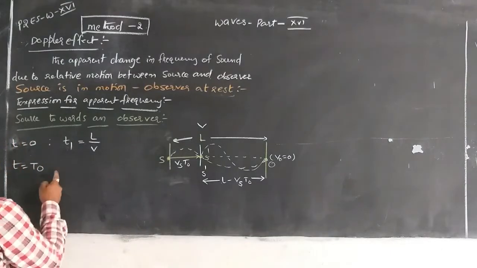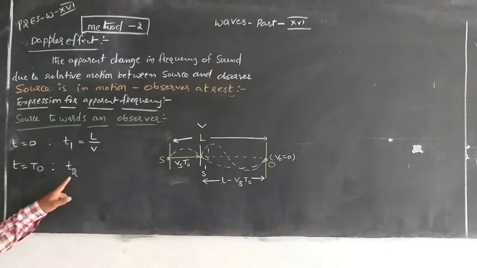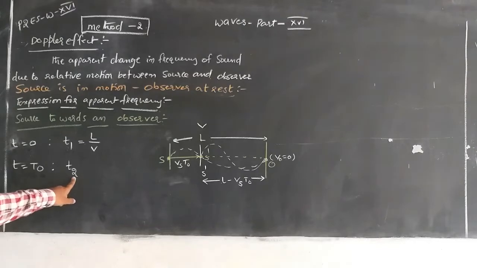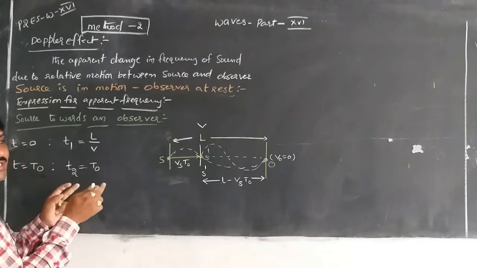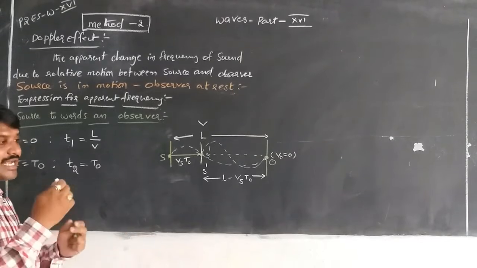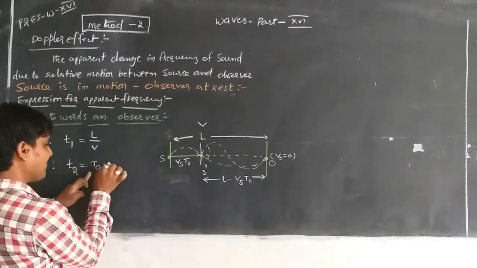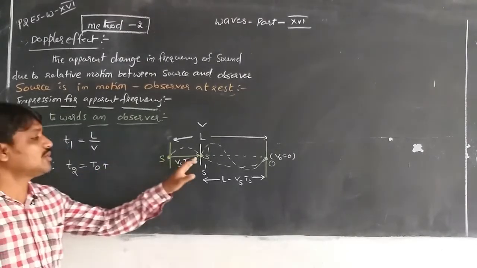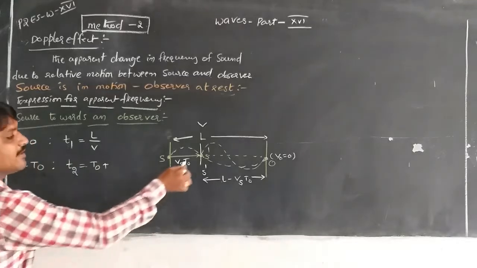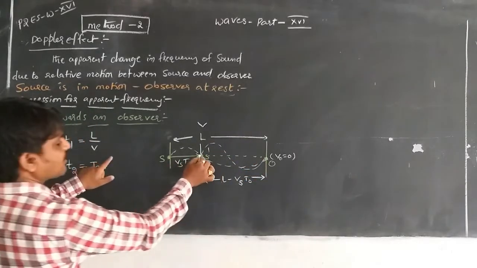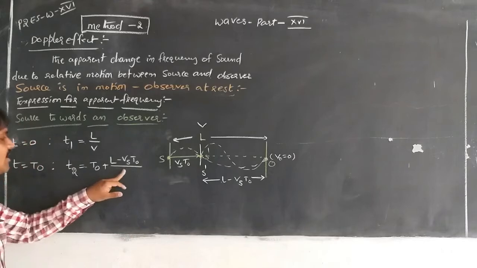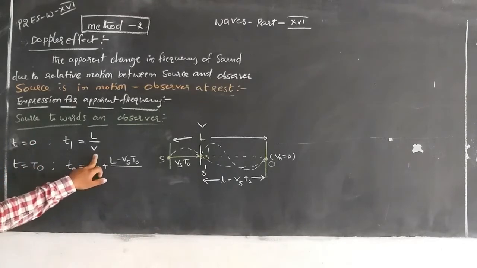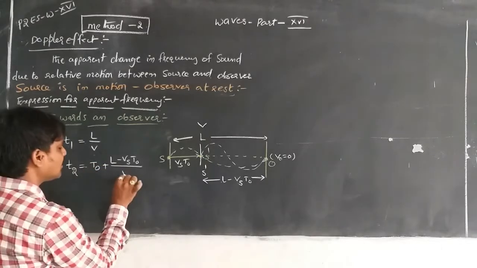For the second wave, T2 is the time taken by the second wave to be received by the observer: T2 is equal to t naught, the time taken to travel from S to S dash, plus the time taken to travel from S dash to O, which is L minus Vs t naught divided by v, since the wave always moves with the velocity of sound, in air v.